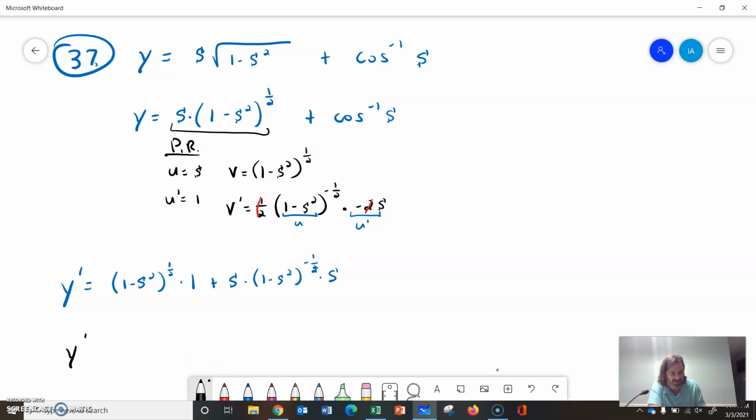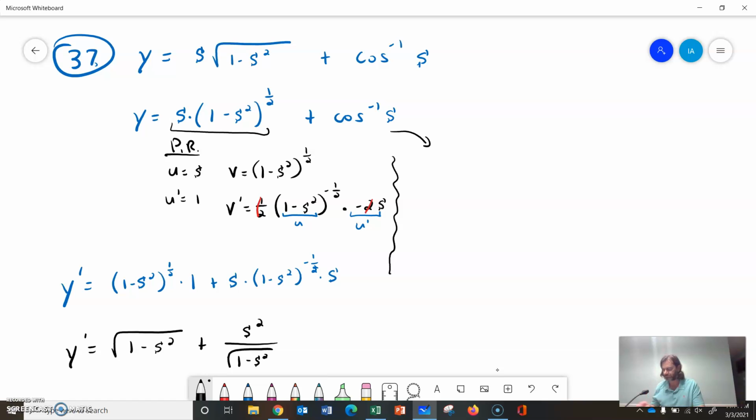Y prime equals the square root of 1 minus s squared plus s squared over the square root of 1 minus s squared. Now it's begging me to rationalize this second one or do a common denominator. I'm not going to fall for that trap. I'm tired of working with that stuff. So then over here we've got the cosine inverse part.